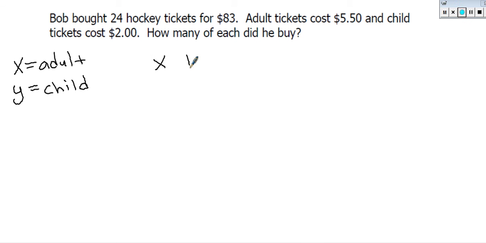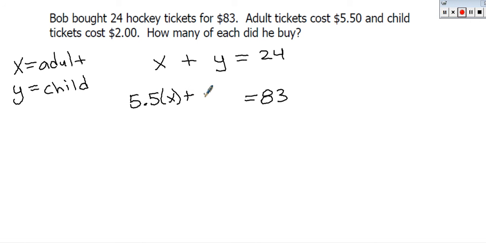Well, he bought adult tickets and children tickets, and he bought 24 of them. The next thing it says is how much money he spent. He spent $83. So we got to figure out what the cost of each ticket was. Well, adult tickets are $5.50 per adult ticket and $2 per child ticket.